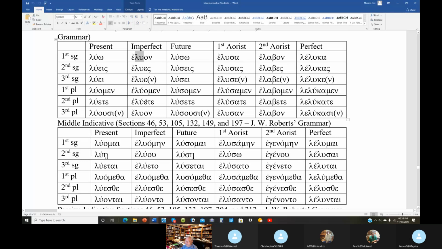And so two of those are the same as the present. All the difference is just augment. But these other four are different endings. But they're regular. That is, the imperfect will have these same endings all the way through. Okay. This is active voice here. Other questions about that? We're still using that present tense stem.